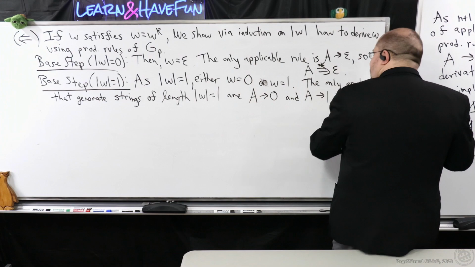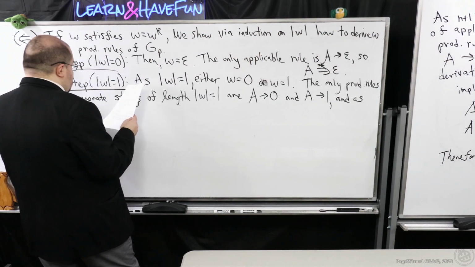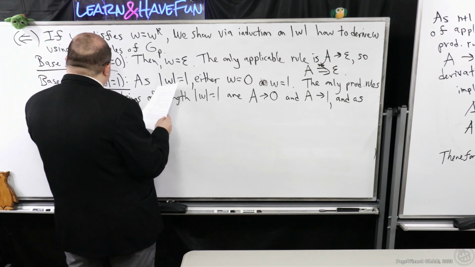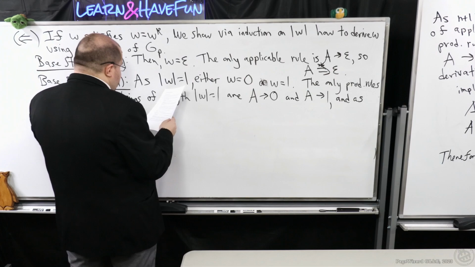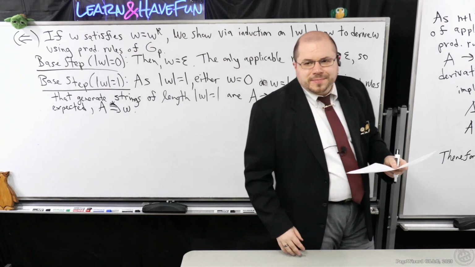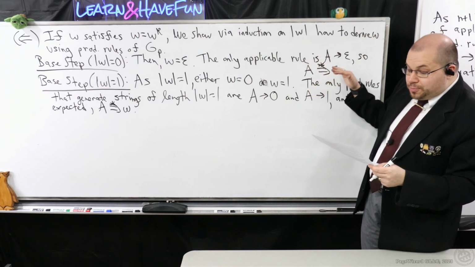And as expected, of course, A derives W. So far we got strings of length 0, strings of length 1.